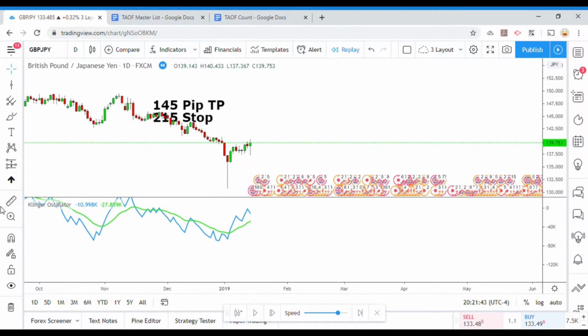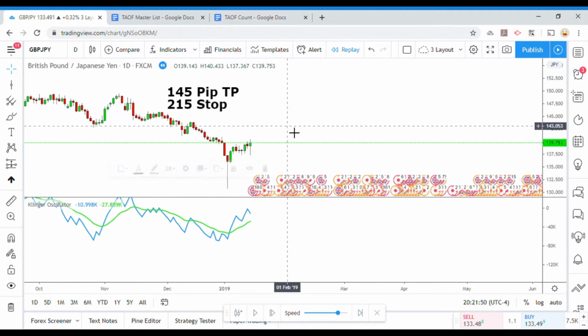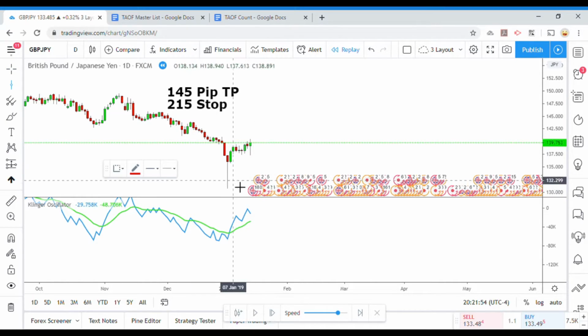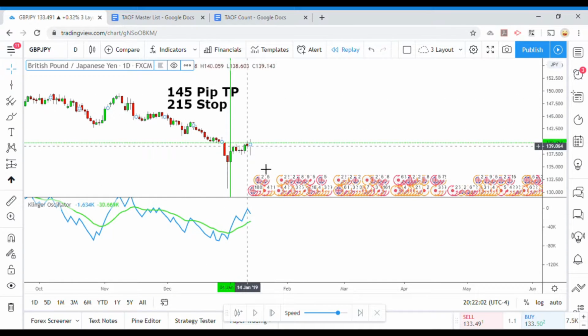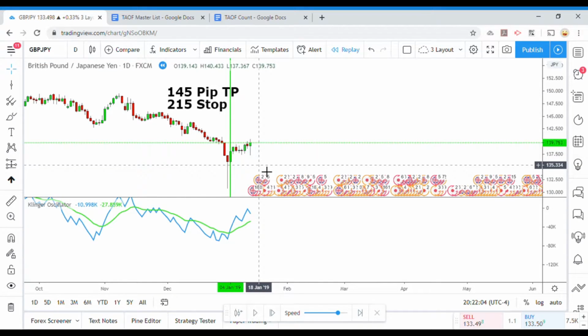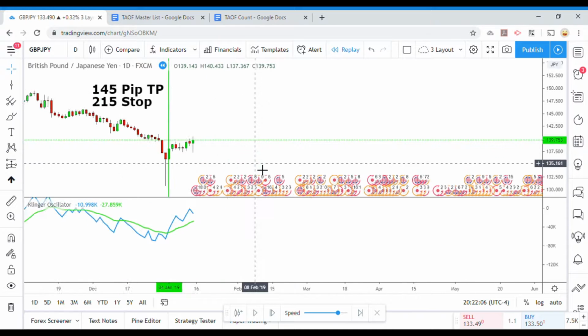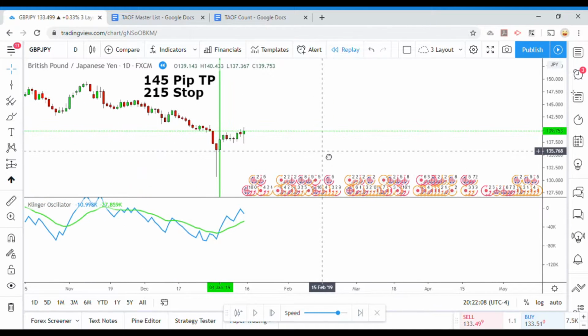We, of course, are on a random pair, like usual. It is the Great Britain pound versus the Japanese yen. And we have our take profit and stop loss designated by the ATR set up here.